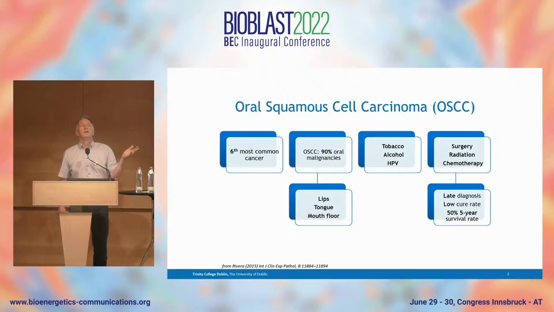They're usually caught quite late, with dentists usually diagnosing them as opposed to doctors. The treatment is quite severe: surgery, radiation, chemotherapy. There are no drugs in this space, really. As I said, diagnosis can be quite late, so they can be quite lethal.